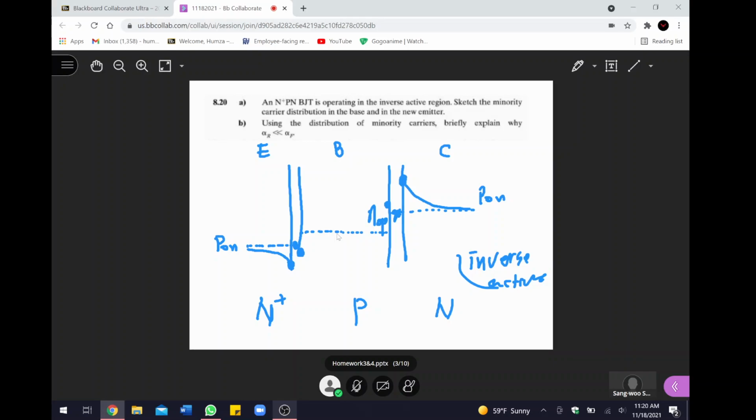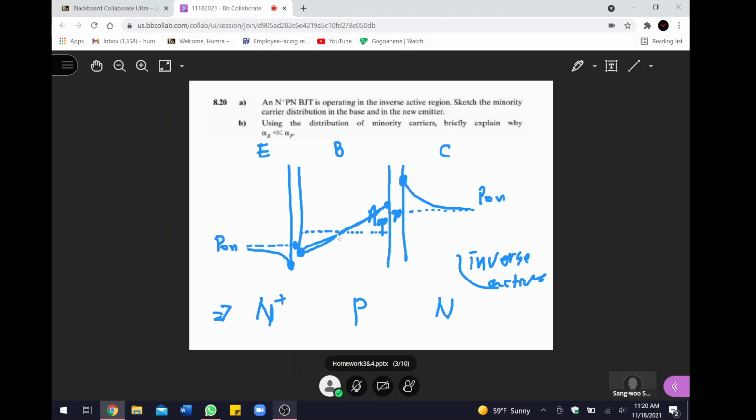In the base side, if the base width is very small, we can draw it as linearly changing, something like this. This now represents your minority carrier distribution for this particular transistor.